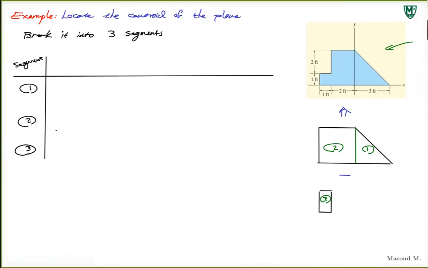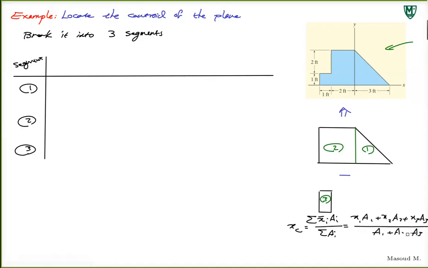I have 3 segments. For each segment, remember, these are the equations I'm trying to find. This is a 2-dimensional area, so I'm trying to calculate XC, which is the sum of X bar times Ai over the sum of Ai. So it's X1 A1 plus X2 A2 plus X3 A3, divided by A1 plus A2 plus A3.